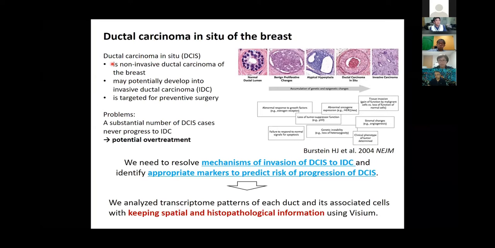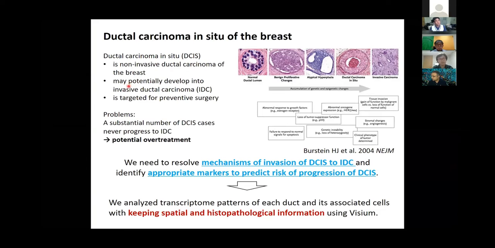And the ductal carcinoma in situ, or DCIS, is the early stage of cancer from the normal ductal lumen to the invasive carcinoma. DCIS is here, which is just in between the apical hyperplasia and before advancing to the invasive carcinoma, and still a non-invasive type of the carcinoma.